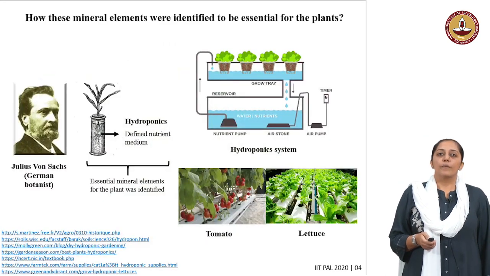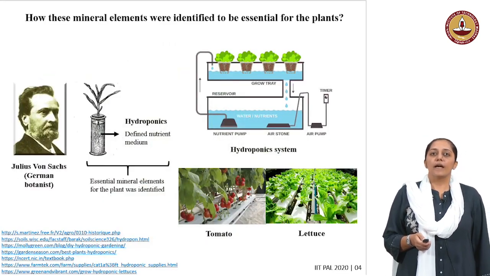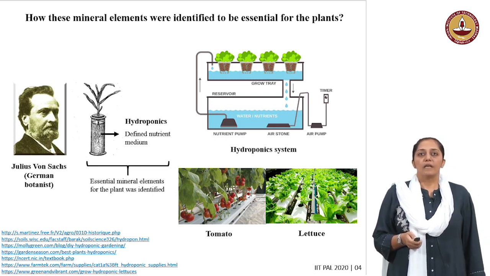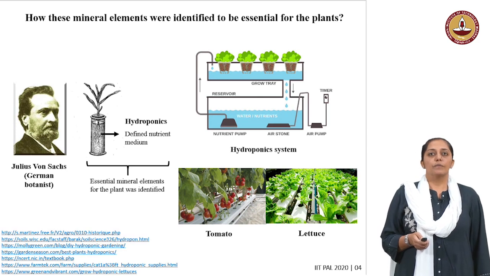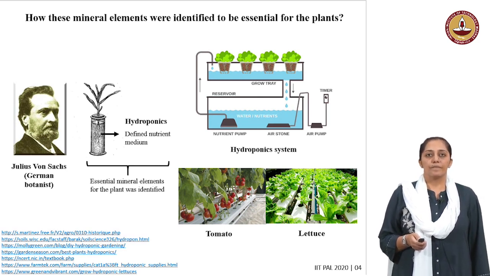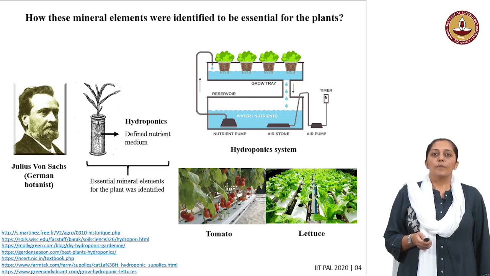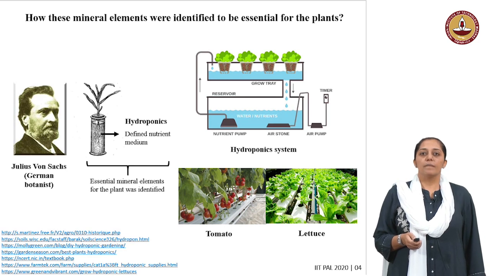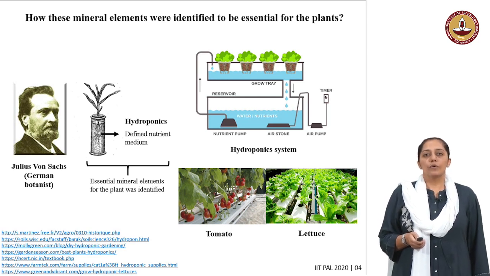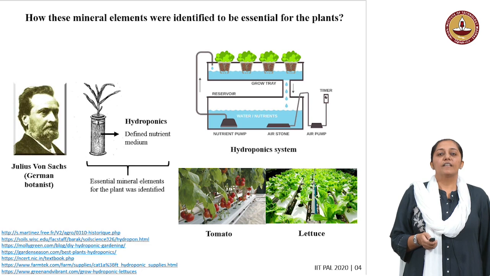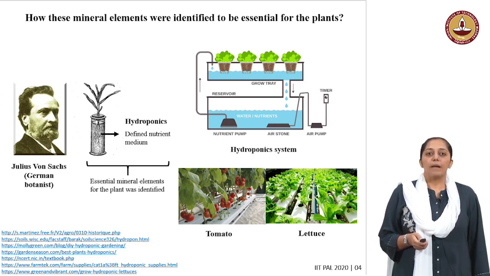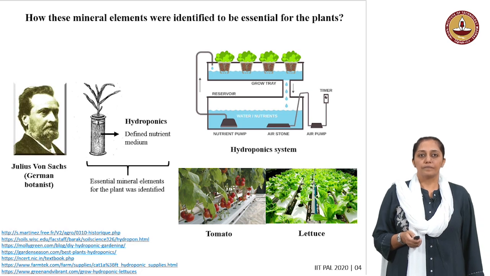Now coming to the question, how does one identify whether a mineral element is essential for the growth of the plant? In 1860, a prominent German botanist demonstrated for the first time that plants could be grown to maturity in a defined nutrient solution with the complete absence of soil.